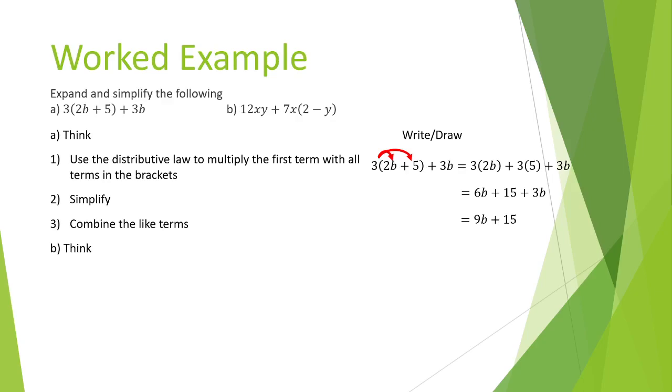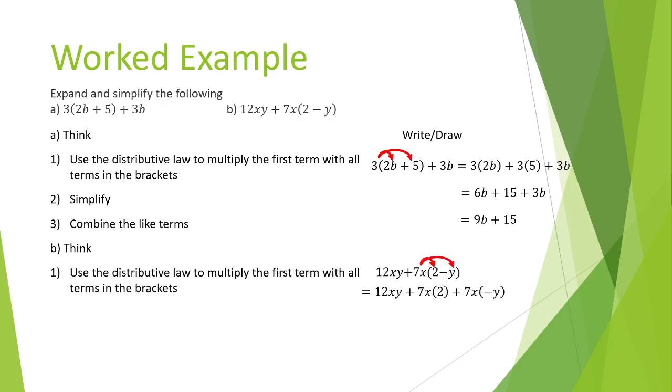Okay, for the second question here, we do the same type of thing. So we're going to expand those brackets, but in this case, we're only expanding that bracket with that second term, which is that 7x. That 12xy is not going to be used yet, so we're just going to leave it. We're going to copy it straight down, 12xy.